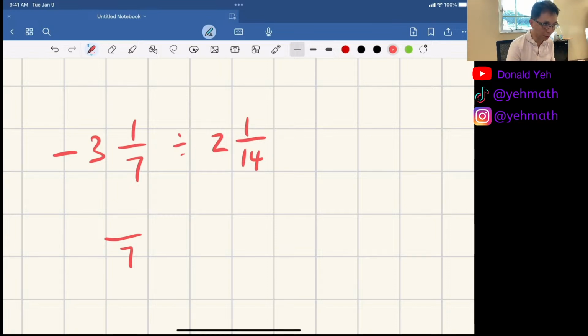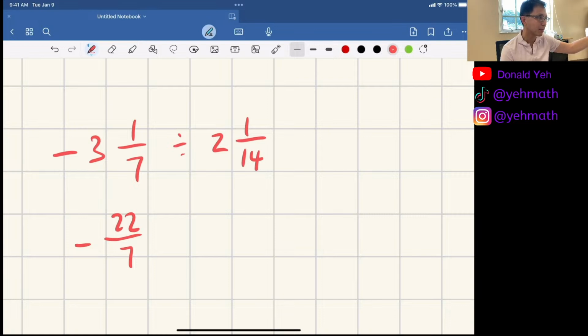Here is actually negative 22 over 7. A lot of people don't know why, because you think 7 times negative 3. It's not 7 times negative 3 adding 1. It's actually 7 times 3 adding 1. The negative sign doesn't do anything until later.